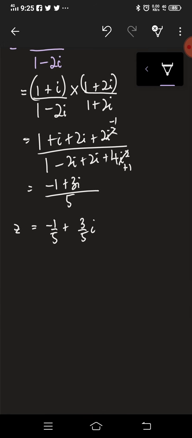To find the polar form, we need to find the modulus of z and the argument of z. So we need the a value, which is negative 1 over 5, and the imaginary value, b, equal to 3 over 5. To find the modulus of z, what is the formula? It is like finding the distance from the point to the origin.